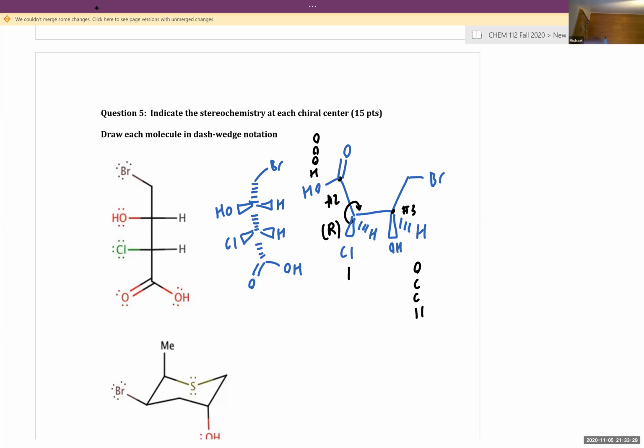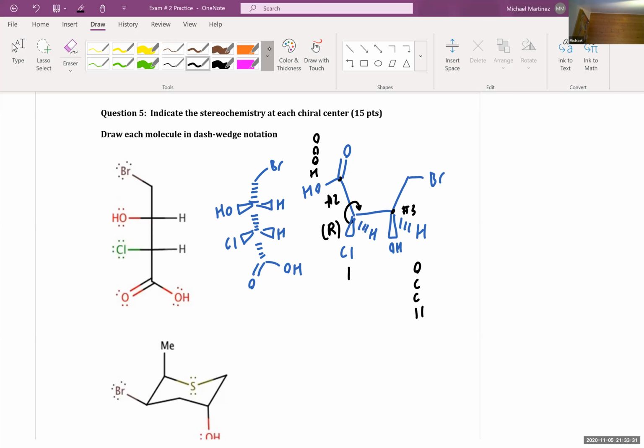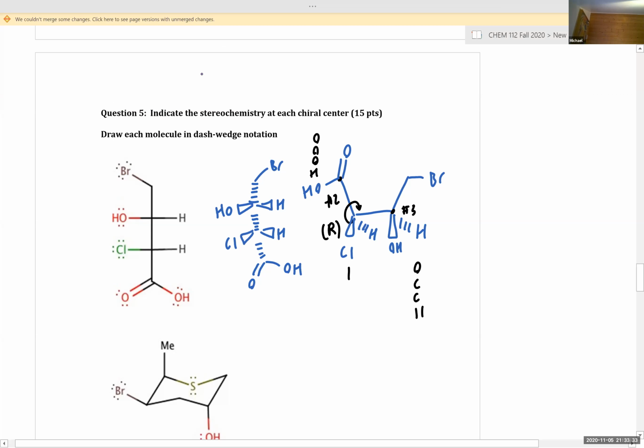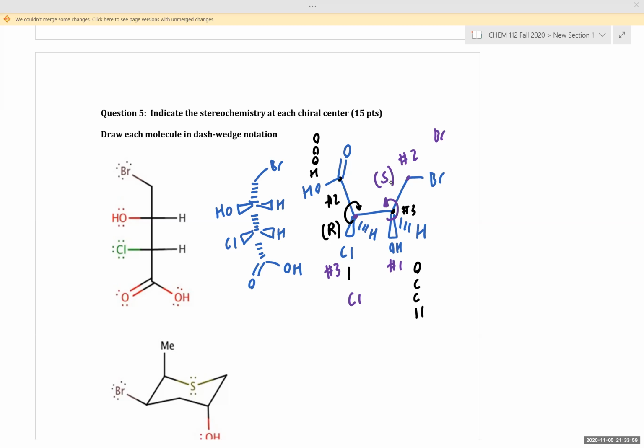For our second stereocenter, oxygen's priority 1. So we have a carbon attached to a bromine versus a carbon attached to a chlorine. Bromine is priority 2 because it has the next highest molar mass, while the carbon attached to the chlorine is priority 3. So tracing from highest to lowest priority, that gives us a configuration of S. Does that make sense to everyone?